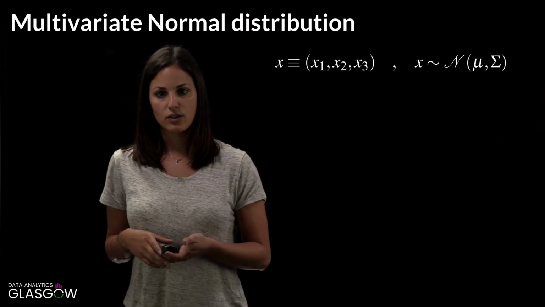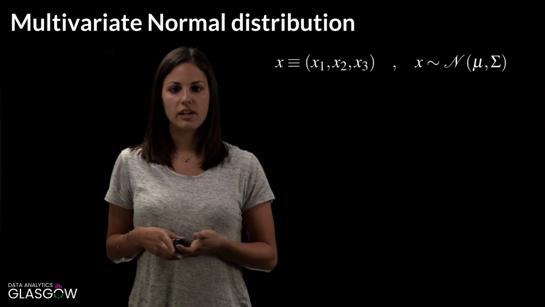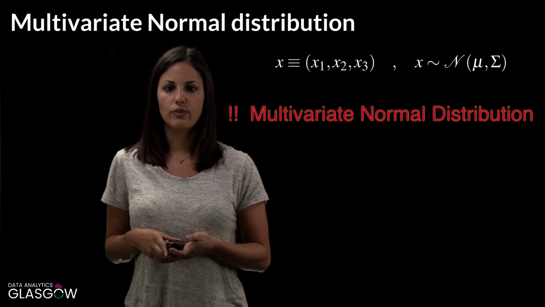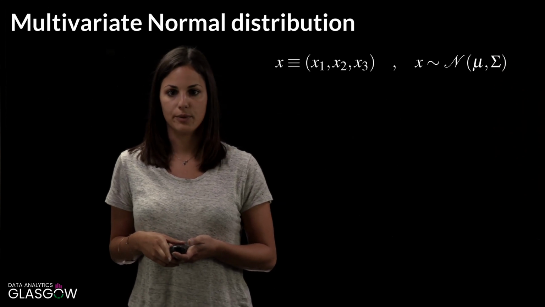A very common way of representing the posterior and predictive distributions is through their density plots. We have already seen examples in previous lectures using single variables. However, now we're going to consider an example with multiple variables. So consider a vector x consisting of variables x1, x2, x3 that follows a multivariate normal distribution with mean vector mu and variance-covariance matrix sigma.